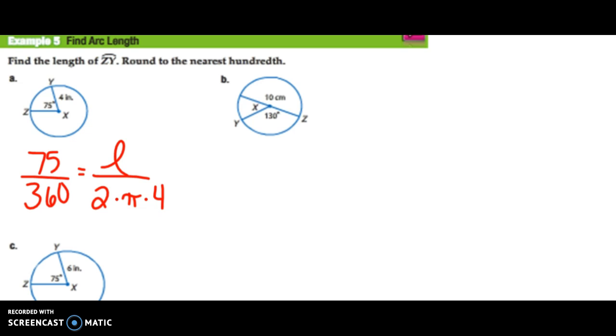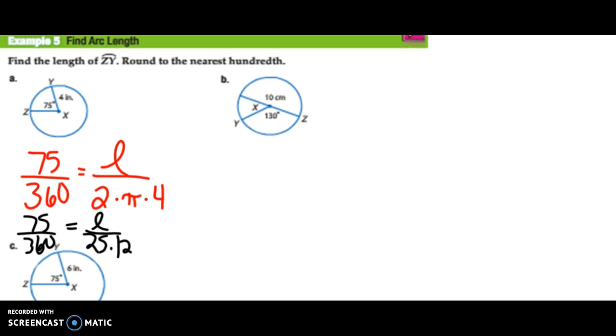Actually, I'll fill in my number first. So 75 over 360 stays the same. 75 over 360 is equal to L over, and then 2 times, I'll use 3.14 for pi, times 4 is 25.12.